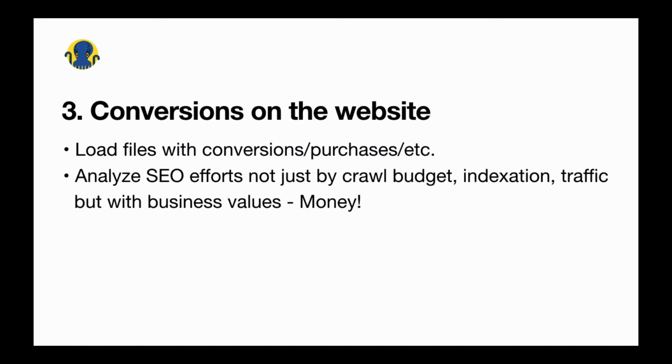And this is a really good opportunity for you to get these stable arguments and to speak business language, overlapping the conversions of the website to your data and making the necessary conclusions why such pages have the better conversions and the rest of them have less conversions.